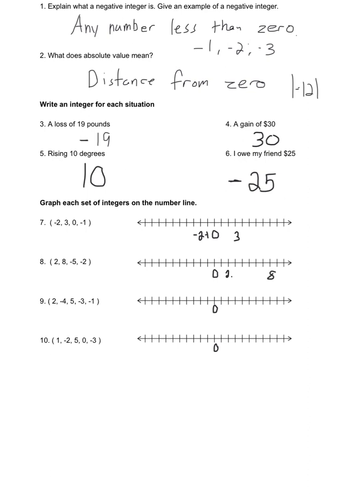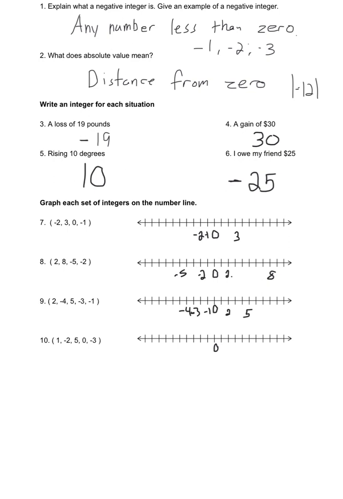A -2 again. And a -5. Number 9, we have a -4 right here, a -3 right next to it. Then we have a -1, a 2, and a 5.